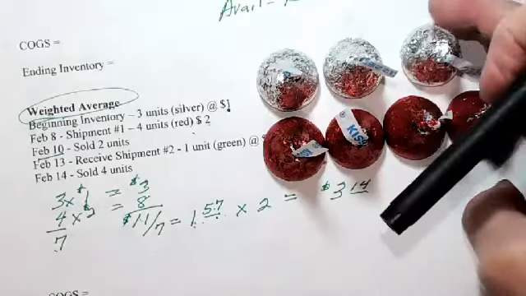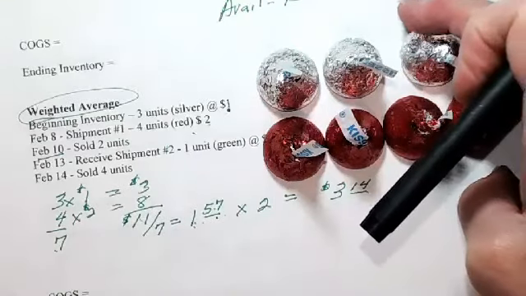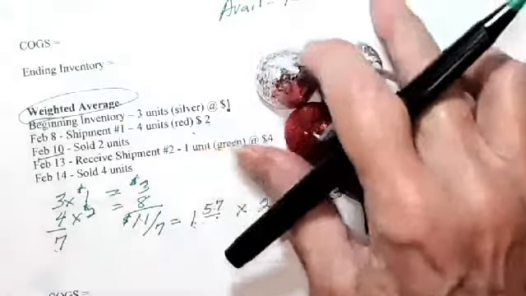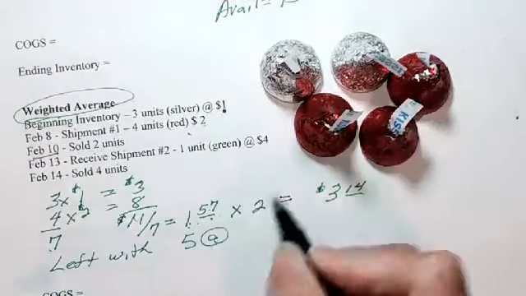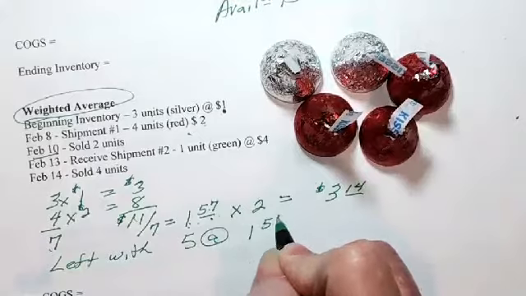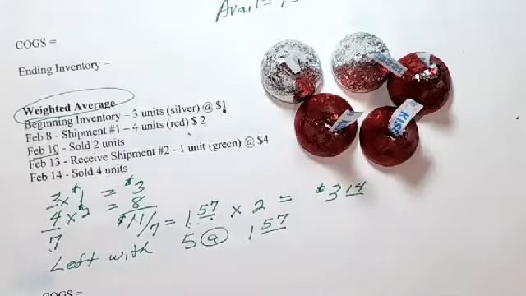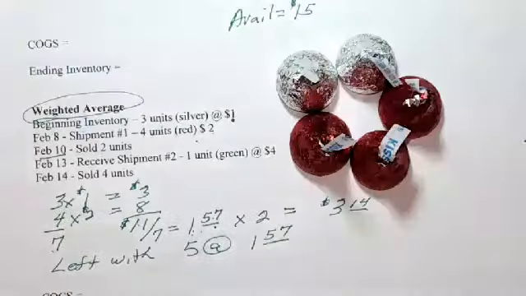It really doesn't make any difference which one you get rid of, because now what I'm going to say is this bunch here all are $1.57. And if I take 5 times $1.57, you come up with $7.85. So we're going to be off a penny, but we're close enough.